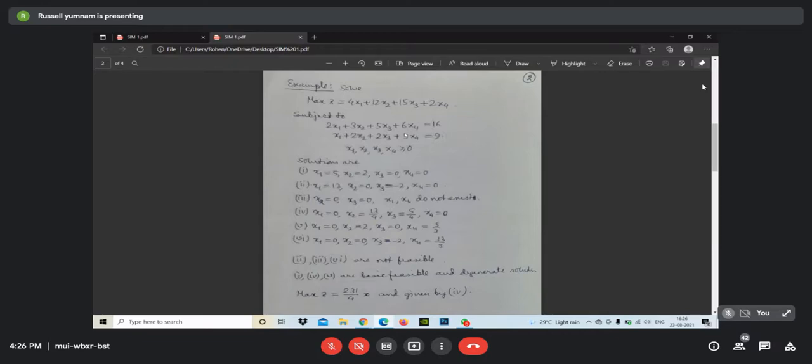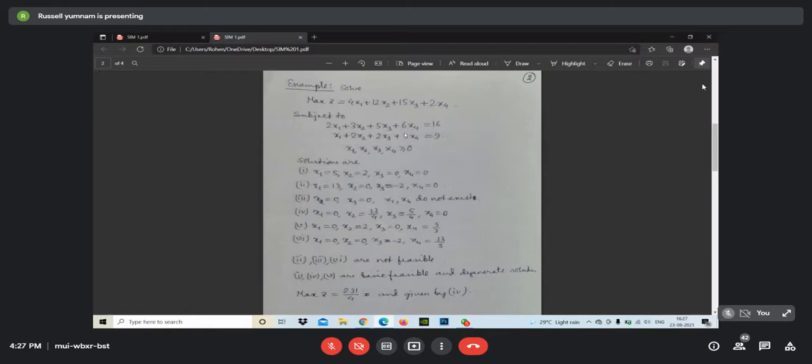Then what is meant by a basic solution? I had demonstrated it, but if you are asked what is meant by a basic solution, you can answer that it is the solution obtained by making the number of variables minus the number of equations of the variables zero.